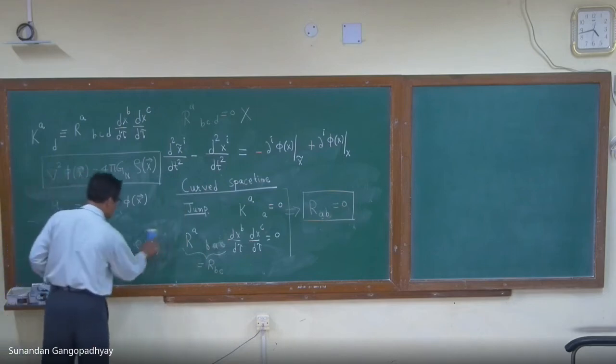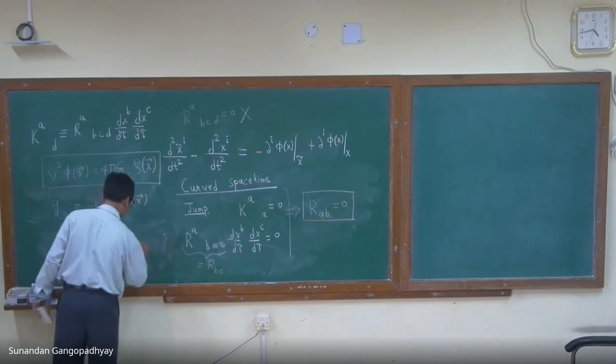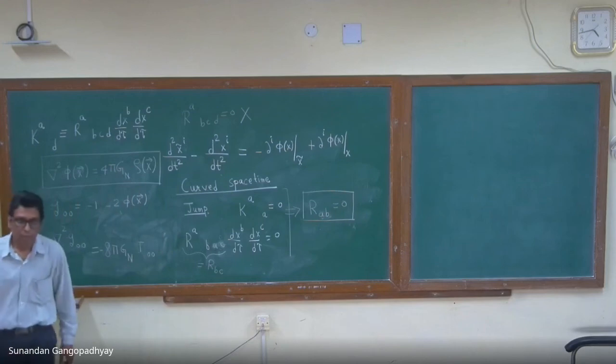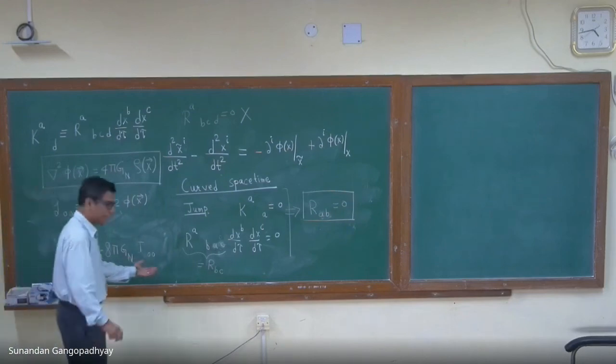You can write rho of x as T_00. I will come to this later.